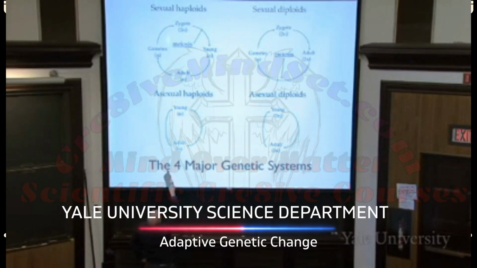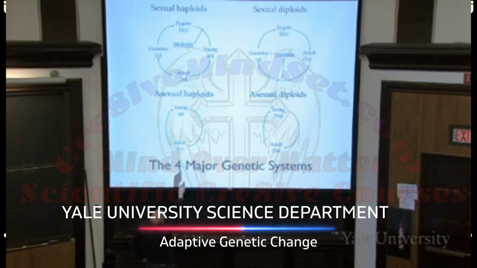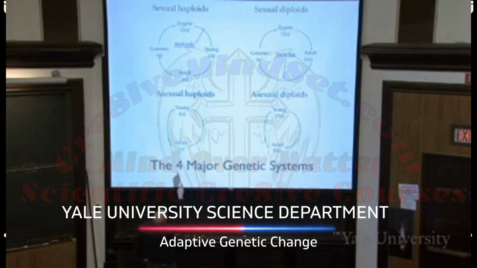If you have the zygote having meiosis immediately or shortly after being formed so that the developing young are haploid, then you get a haploid adult. So this is what moths do, and this is what we do.